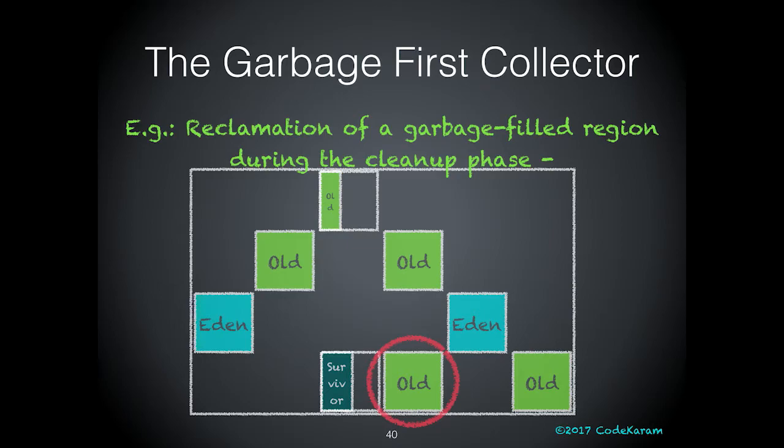If at that time the cleanup phase finds that one or multiple old regions are empty because they are full of garbage, it can reclaim them. It doesn't have to wait till a mixed collection pause. So if you had a dead humongous object, this was the only way, other than full collection, that it would be reclaimed.